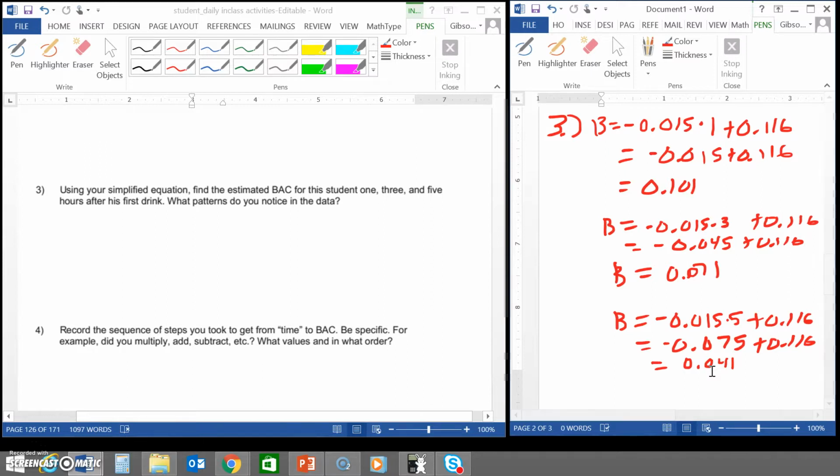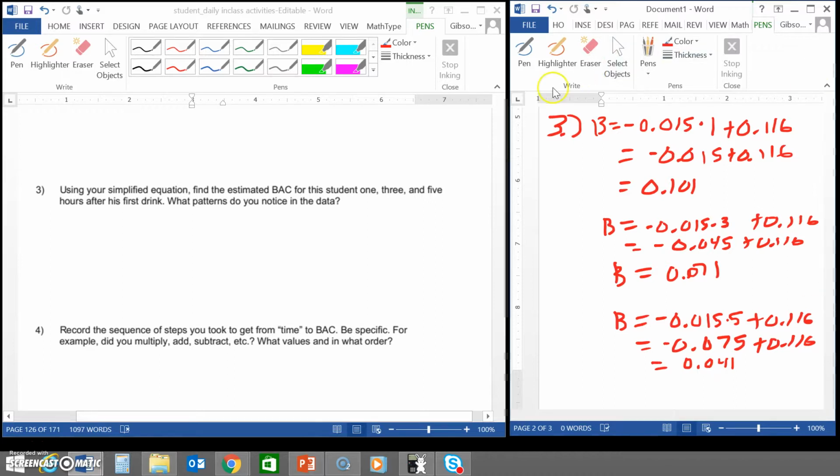Now, for number 4, it says record the sequence of steps you took to get from the time to BAC. Be specific. For example, did you multiply, add, subtract, etc.? What values and in what order?